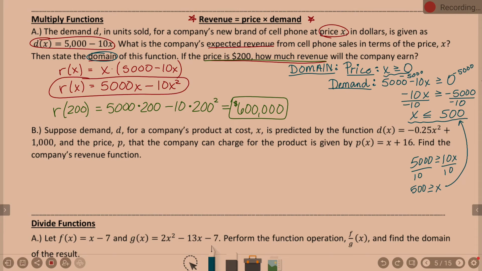So my domain, when I write that, I'm going to write it as 0 less than or equal to X less than or equal to 500. And I believe that is how they were expressing it in homework. The idea that your domain is something between 0 and 500. Okay? Because the price has to be positive, bigger than 0. But the price, in order for this to work with demand and everything, has to be less than 500.